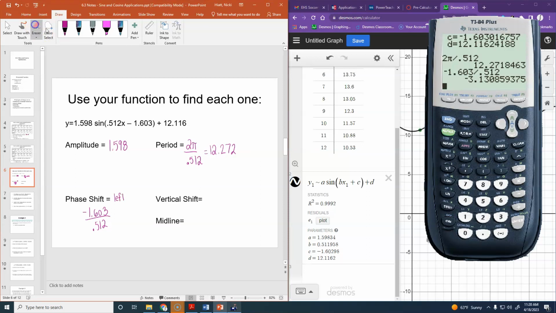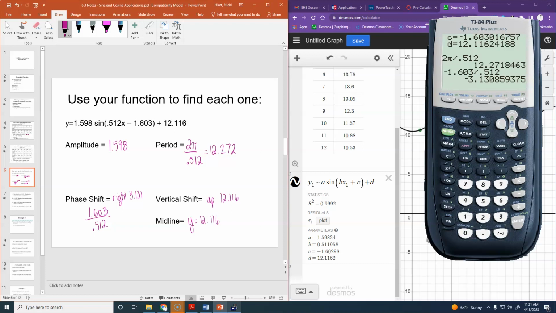No, it'd be right. It's opposite, isn't it? I'm just going to ignore the negative and say it's right 3.131. Our vertical shift would be up 12.116. Midline would be y equals 12.116. So as far as it asking for any of those things, you just do the same thing that we were doing yesterday.